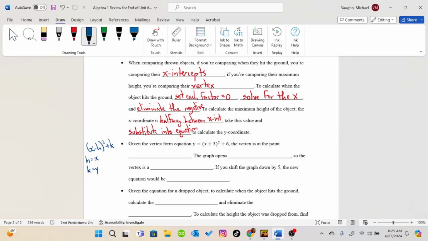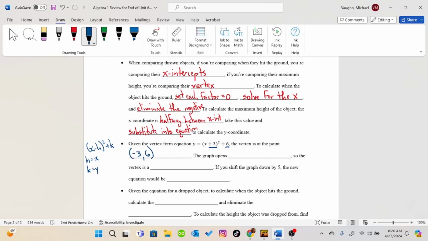So we have plus 3. So if it's minus h, then h must be negative 3, because minus negative 3 would become plus 3. And if it's plus k, then our k is going to be 6. So the vertex is at the point negative 3, 6.